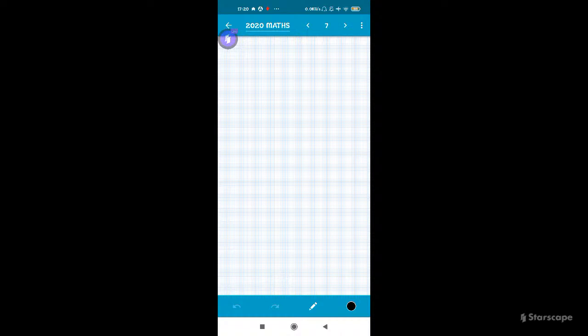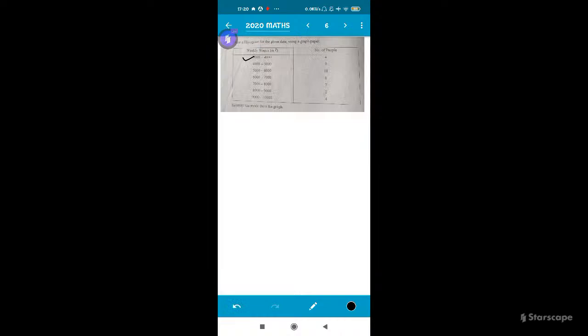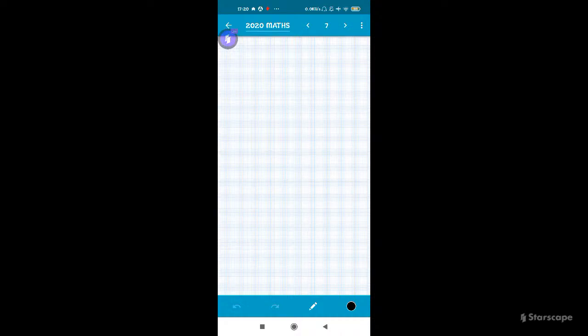So since we see that our values are not starting from 0, we have to make a small distortion on the x-axis, and then we have to make our graph accordingly. And since the values of the frequency or the number of people is up to 18, I am going to take divisions of 2, that means 2, 4, like this. So let's make it.